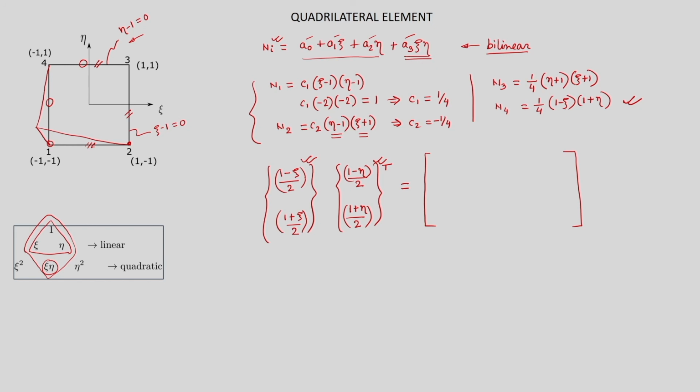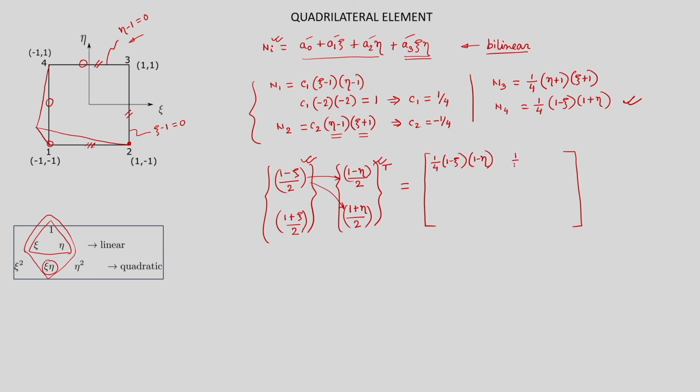So, let us do it. So, first row will be this times this and this times this, alright. So, that makes it 1 by 4 (1 minus xi) times (1 minus eta).